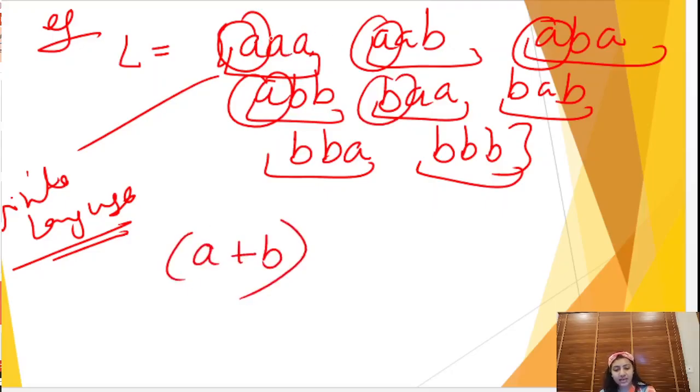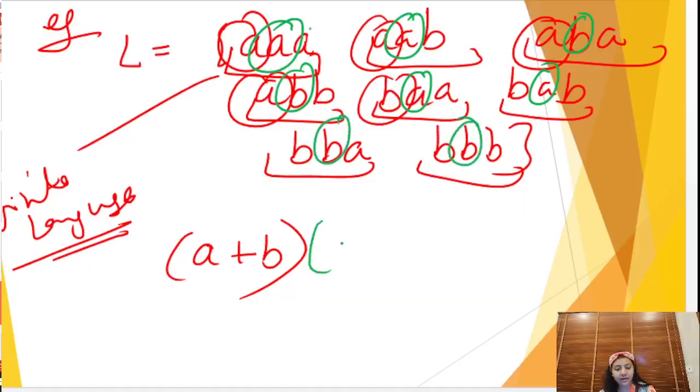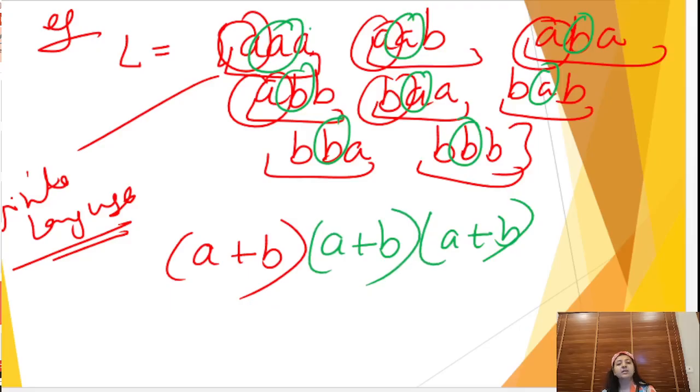Similarly, let's check the second position. A, then A, then the rest of the strings have B at the second position. 4 strings have A, 4 strings have B. So at the second position also it can be A or B, and similarly for the third position.